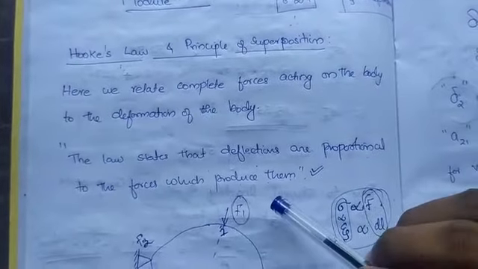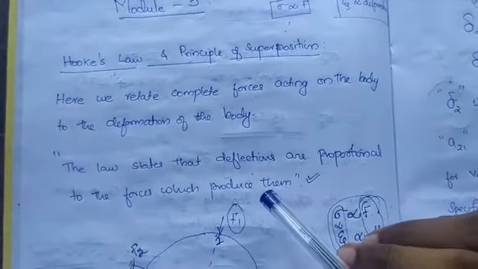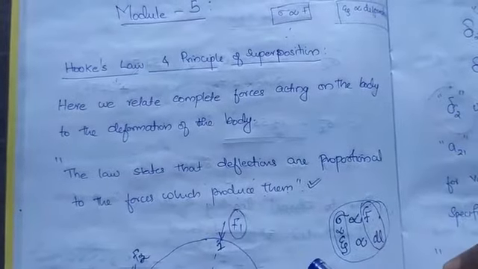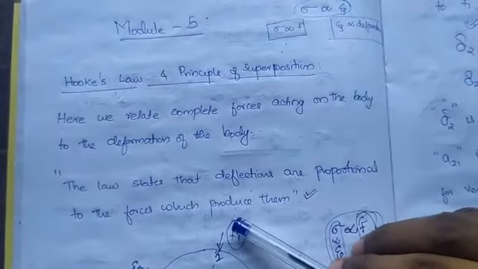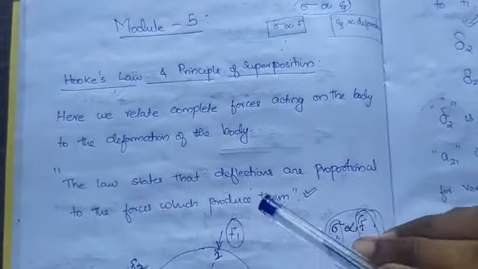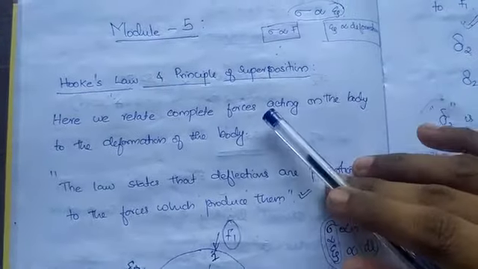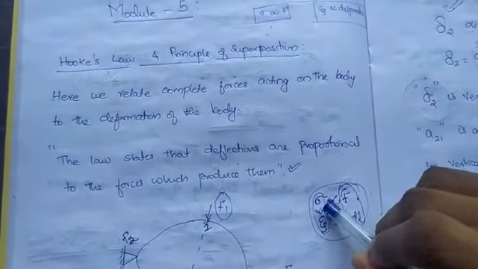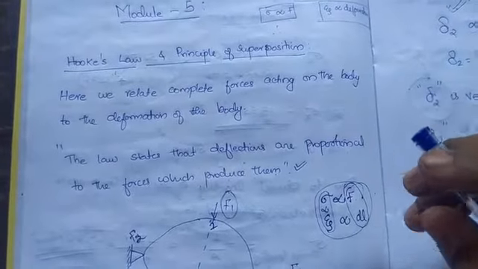First of all, we'll see what is Hooke's law and the principle of superposition. Generally you know that Hooke's law is nothing but stress is proportional to strain. For an elastic body, the stress is directly proportional to strain. Stress is proportional to force, stress equals resisting force per area.